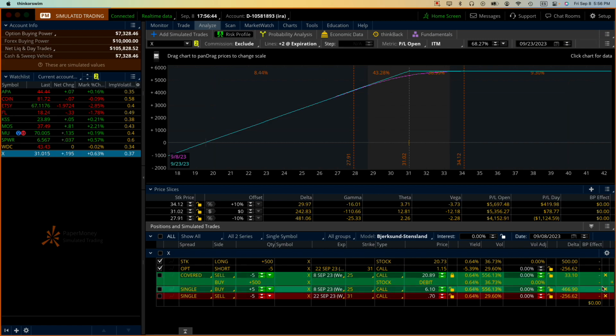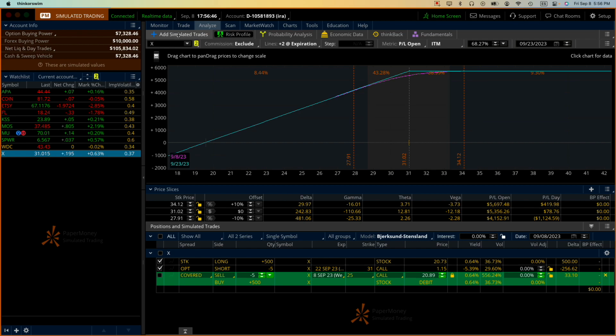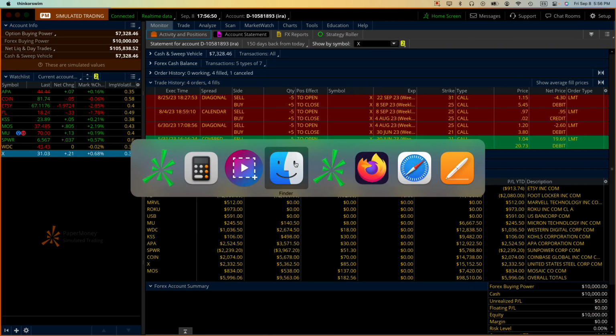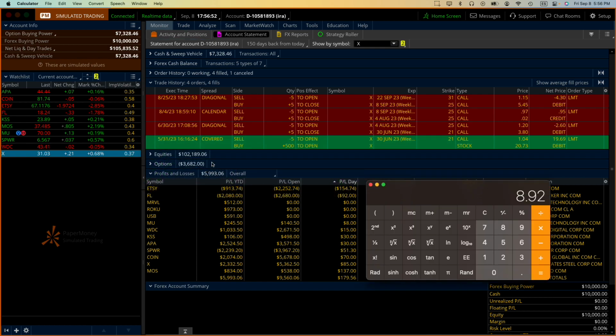I want to do the calculation again. So let's go to the monitor tab, and here we go. Calculator. Debits you just add, and credits you subtract. And this is our cost basis.